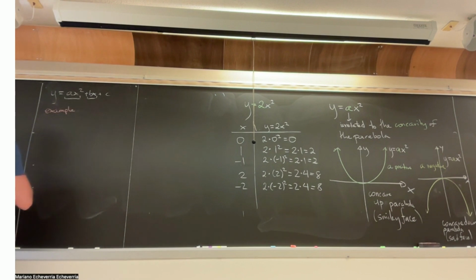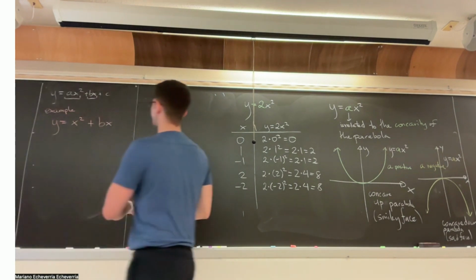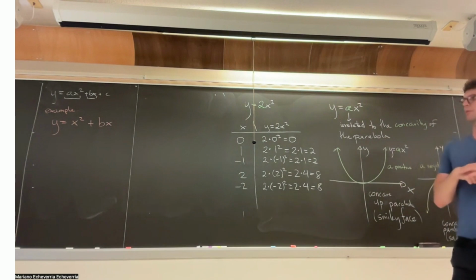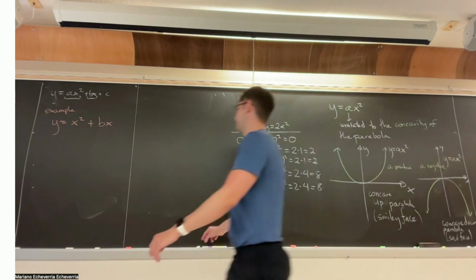Let's say you have something like y equals x squared plus b times x, and b is just some non-zero number. We can even think of it being positive.